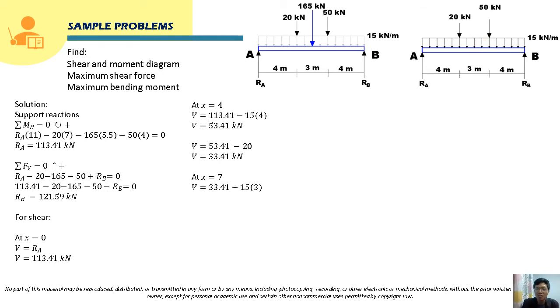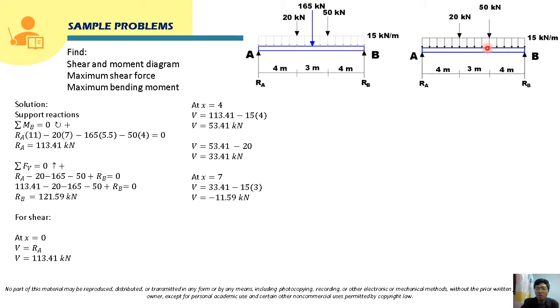So the shear at x equal to 7 will be the previous shear, 33.41. These loadings are downward, so this will be negative. The area of this loading is 15 times 3. So that will become 33.41 minus 15 times 3. Therefore, the shear here is negative 11.59 kilonewton. So this is now the shear at x equal to 7.